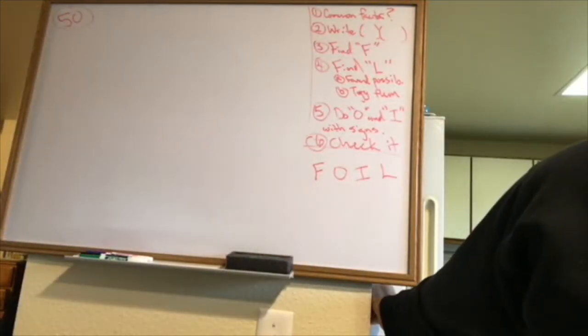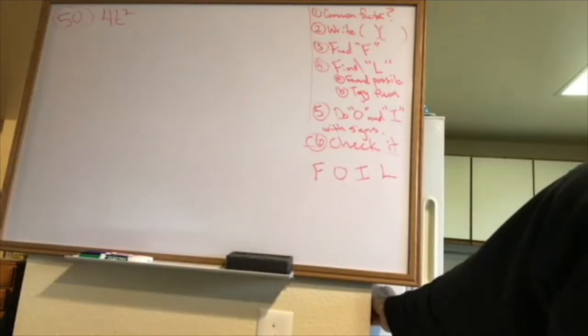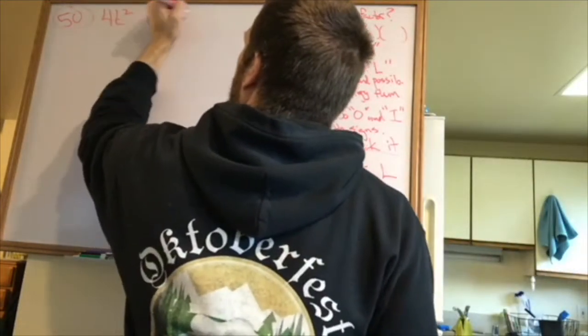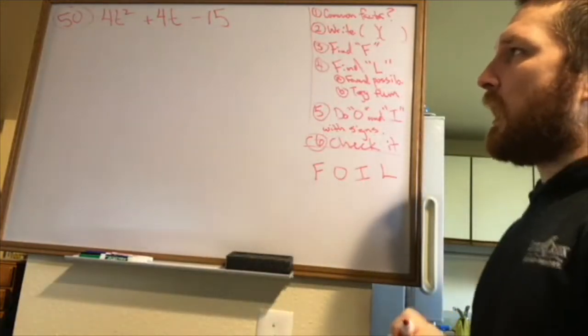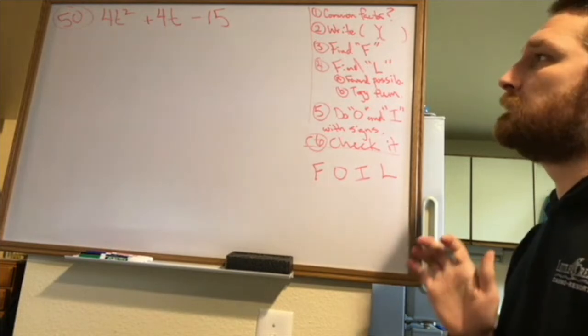It is 4t squared plus 4t minus 15. Okay, so walk me through it. What's the first thing I want to do?